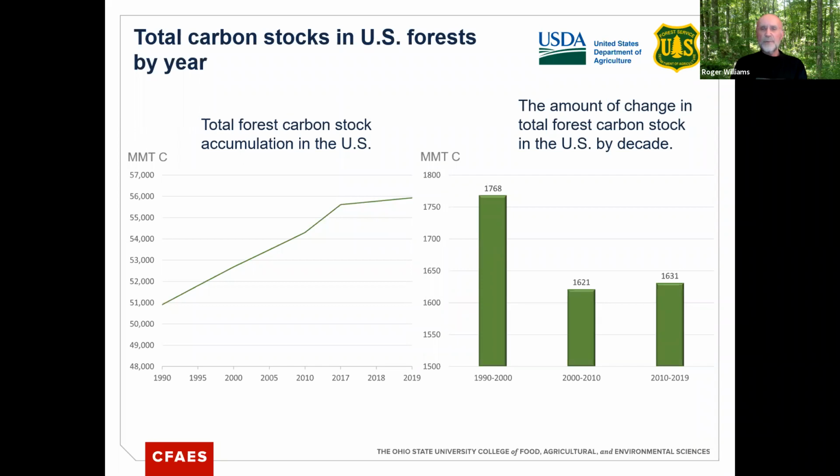If we compare the amount of increase over the past three decades, the periods from 2000 to 2010 and 2010 to 2019 show less of an increase in the total carbon stock pools compared to what was gained from 1990 to 2000.